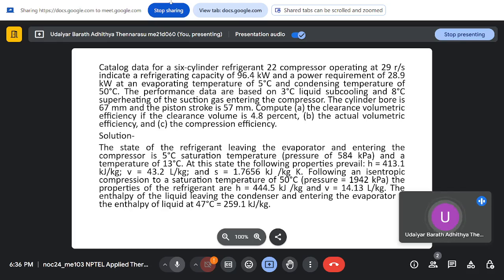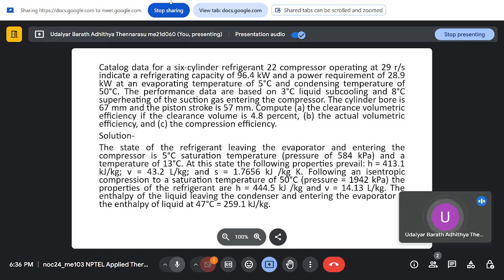The performance data are based on 3 degrees Celsius liquid subcooling and 8 degrees Celsius superheating of the suction gas entering the compressor. The cylinder bore is 67 mm and the piston stroke is 57 mm. Compute A, the clearance volumetric efficiency. B, if the clearance volume is 4.8%, the actual volumetric efficiency, and C, the compression efficiency.